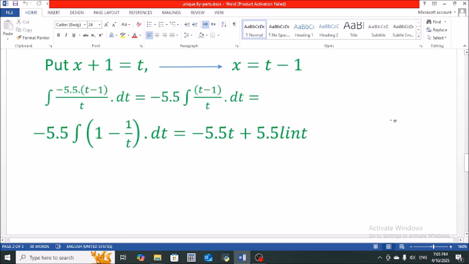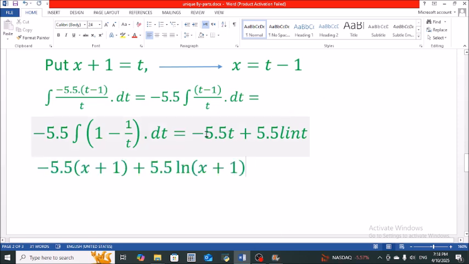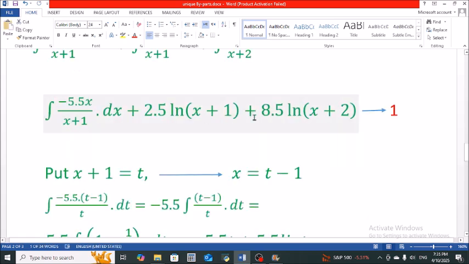But we should remember that we were given the problem in terms of x and not t, so we should return it to its original quantities. Thus transforming what we've got here in terms of t to in terms of x, we get minus 5.5 into x plus 1 plus 5.5 ln x plus 1, and adding this to the integration of the other two fractions, we get the total integration.